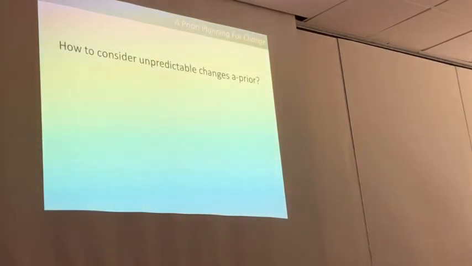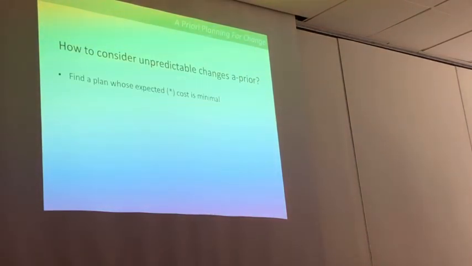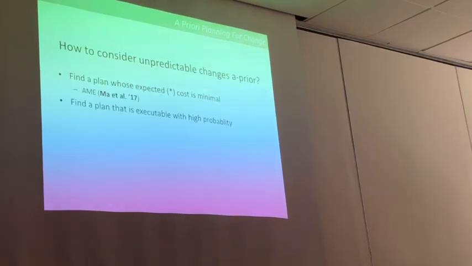I think that there are three approaches. One of them is to find a plan with a good expected cost. So I take some knowledge about delay probabilities and then compute some expectation. This was done a little bit by Michael in a paper a year ago. The other approach is to find a plan that's executable with high probability.